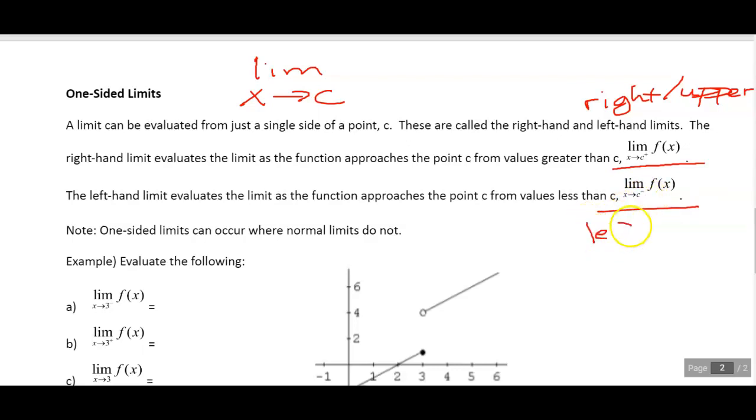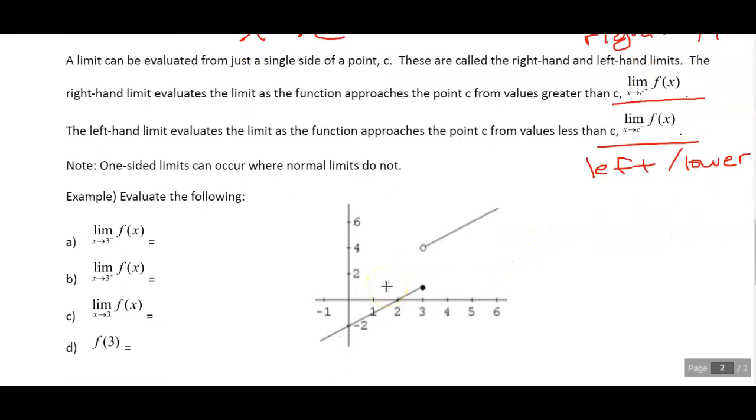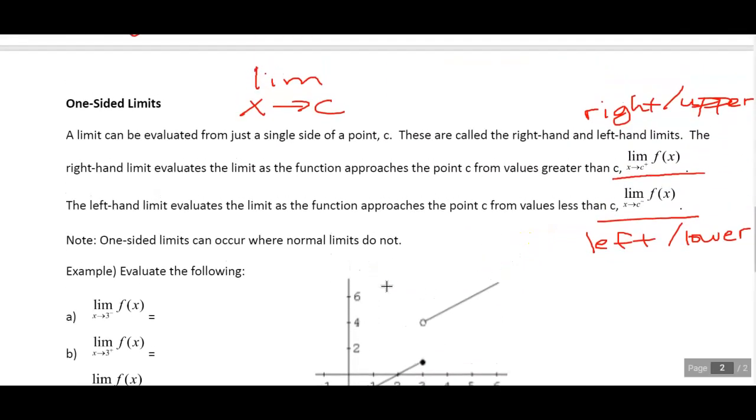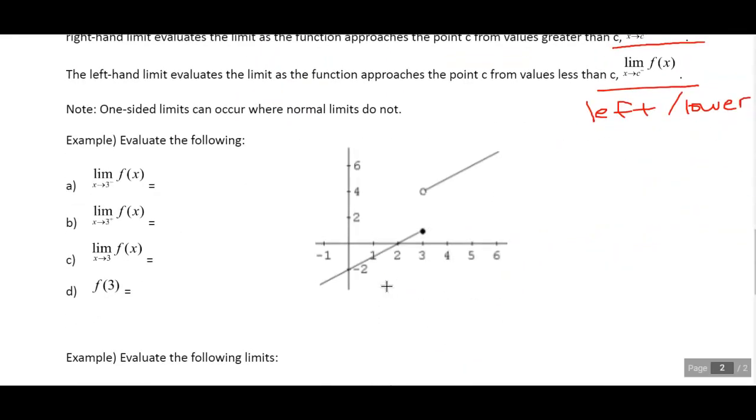That means left, or you can think of it as lower, okay? What makes one-sided limits special is this: one-sided limits can have a value where double-sided limits, or normal limits, do not exist. Very rarely will you have a one-sided limit that does not exist. I can't even think of one, okay?